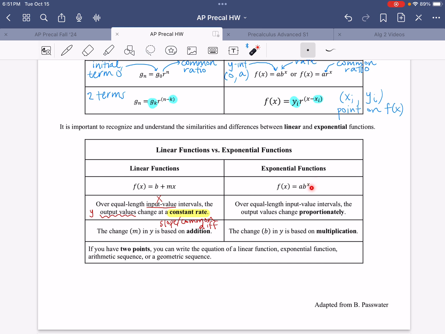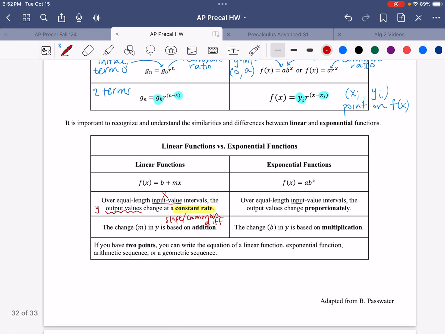For exponential, it gives the same formula from above: our starting amount, our multiplication rate, raised to the x power. So our input value is the exponent. Again, over equal length input value intervals, and I should underline equal length because we're definitely going to be checking for that, the output values change proportionately.